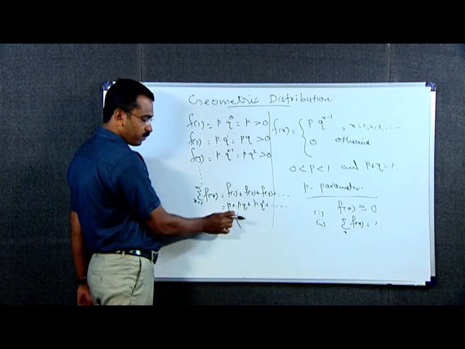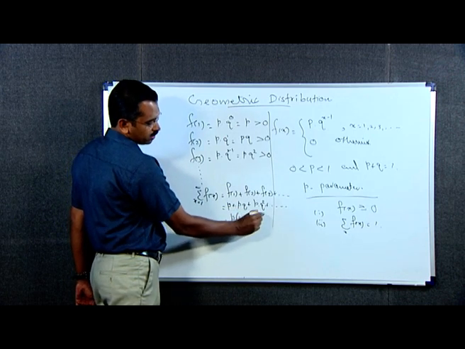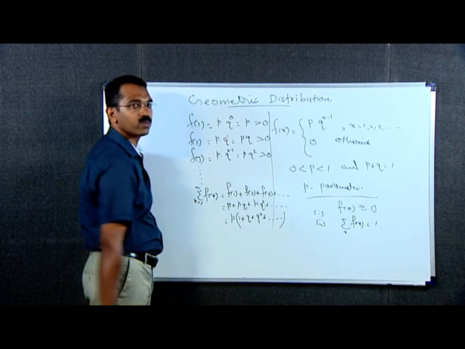Therefore, this is equal to p into 1 plus q plus q square plus etc.